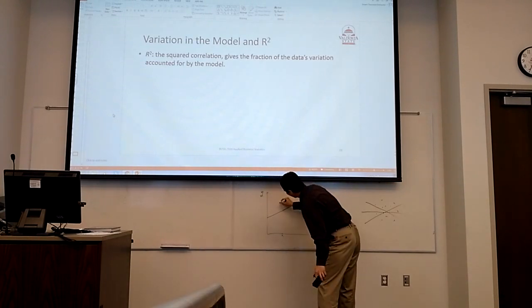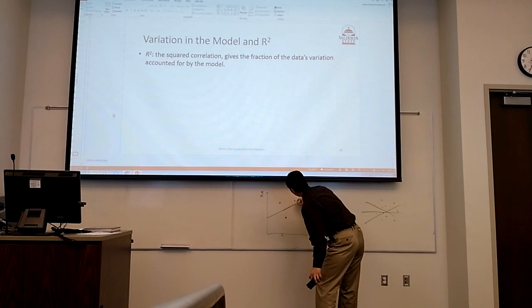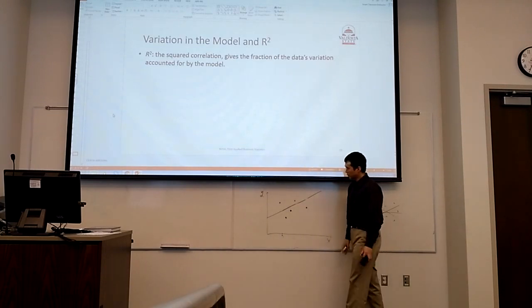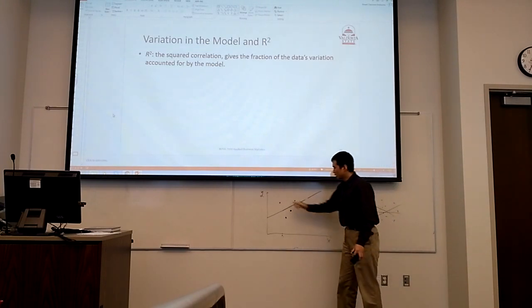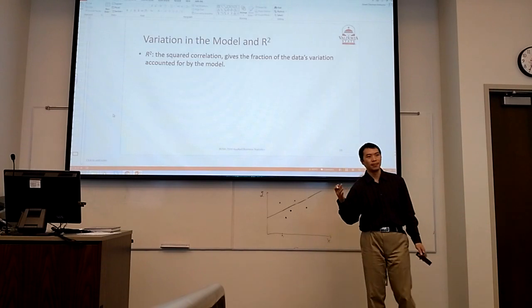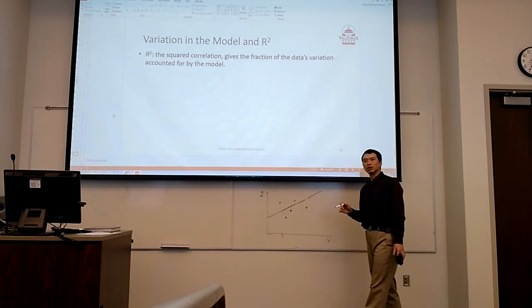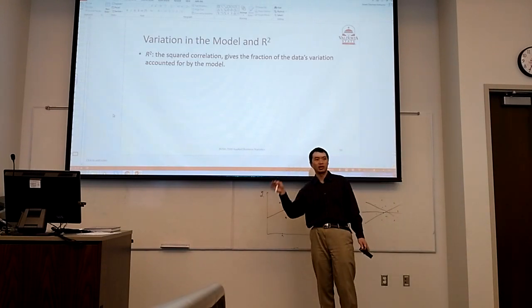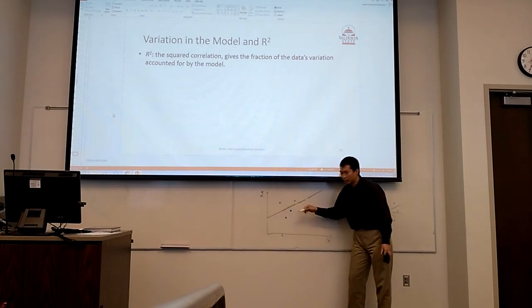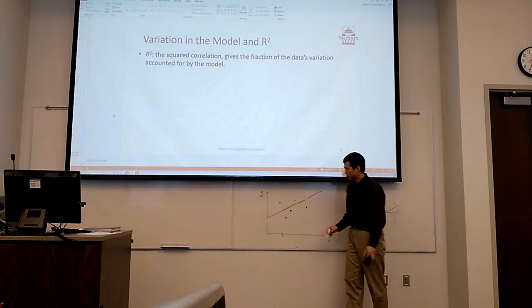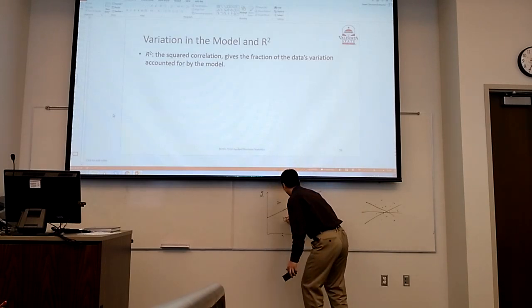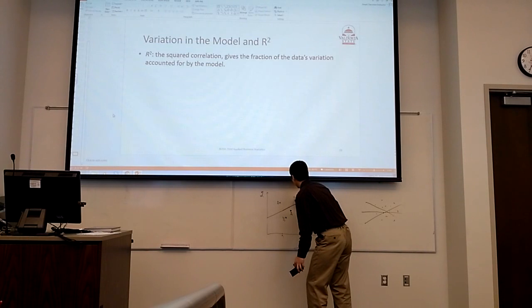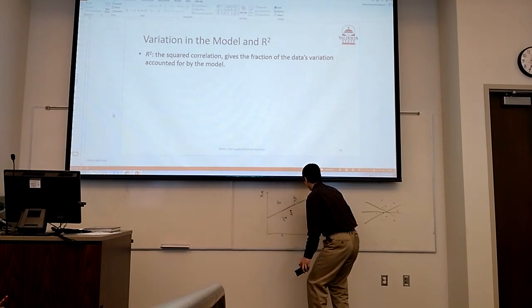So we have several data points here. For example, we have five data points, and each data point has a unique y value. That means there is some variation among these five data points. So this is y1, y2, y3, y4, y5.